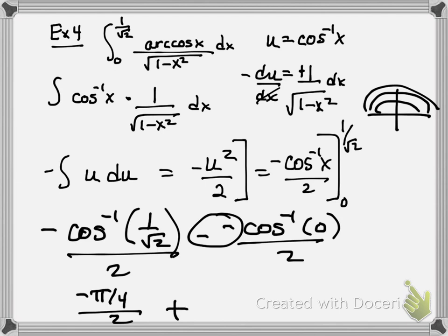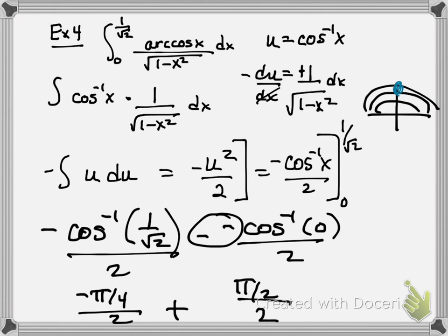Inverse cosine of 0. Where is the x value 0 within the rainbow? Within the rainbow, the only place the x value comes out to be 0 is right here at pi over 2. So now I have a pi over 2 over 2.